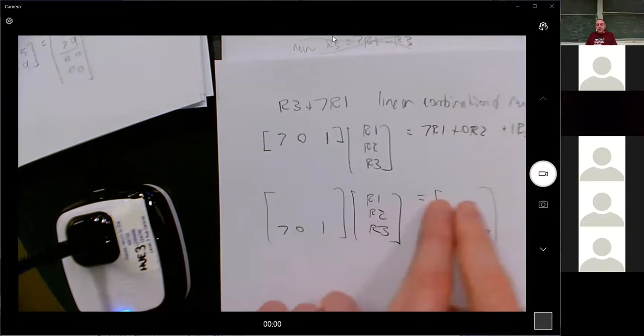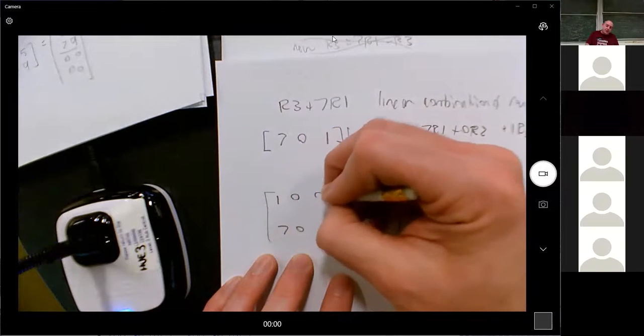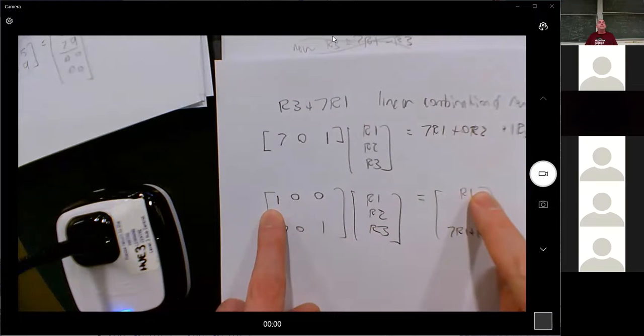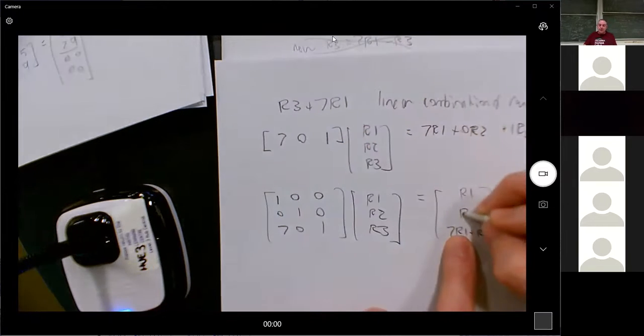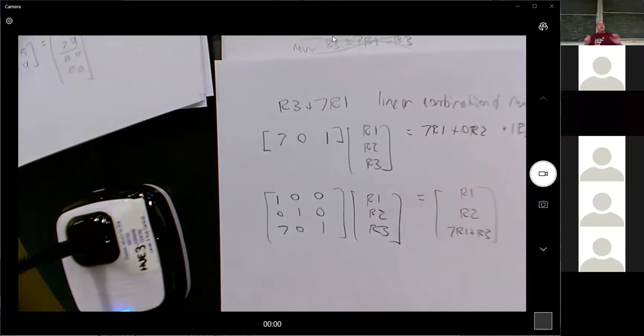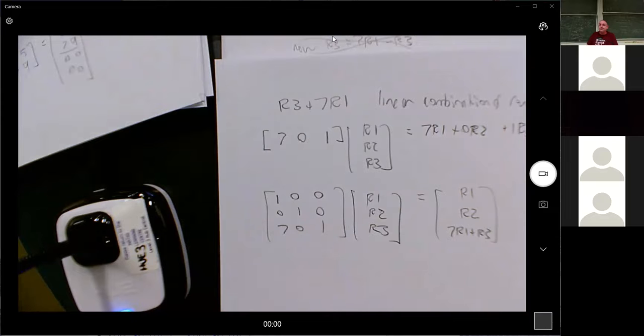And then I want the 1st row to be the same as the old 1st row, so I'll have 1 of row 1 and none of row 2 and none of row 3 in the 1st row. And none of row 1 and 1 of row 2 and none of row 3 in the 2nd row. And that will do my row operation for me, multiplying by this matrix. This matrix is called an elementary matrix because when you multiply on the left, it does the row operation.